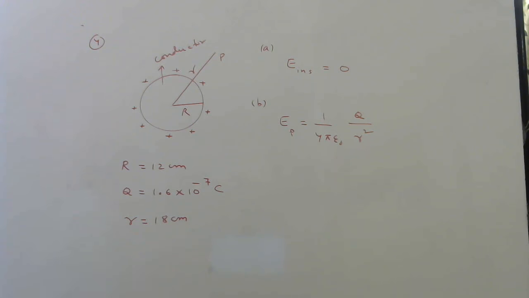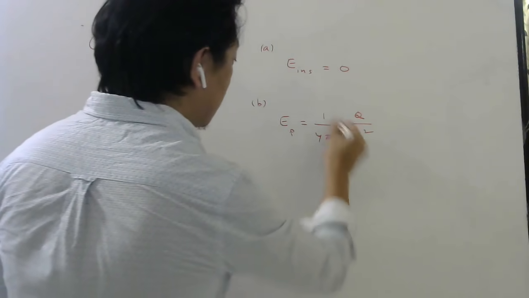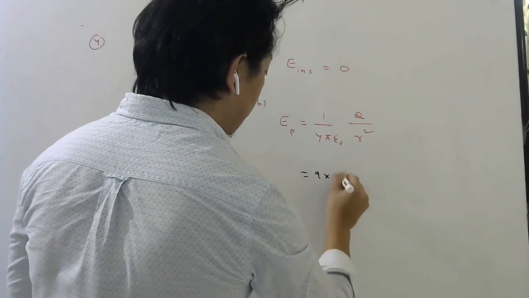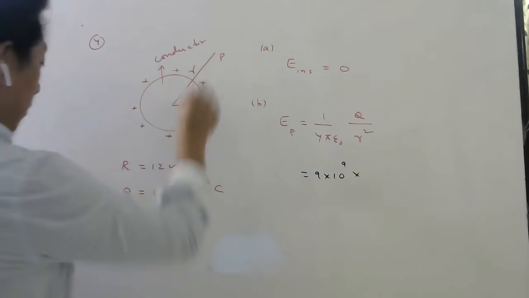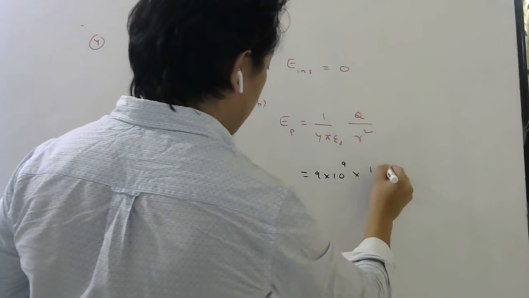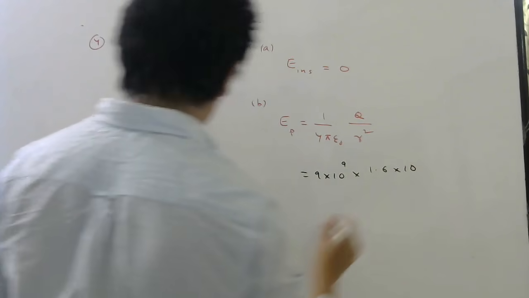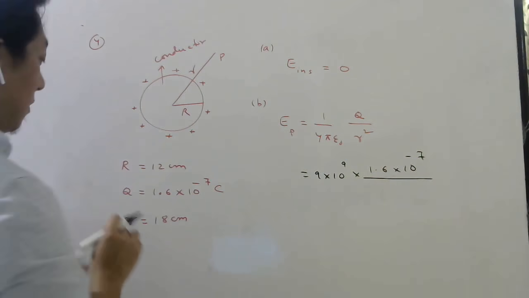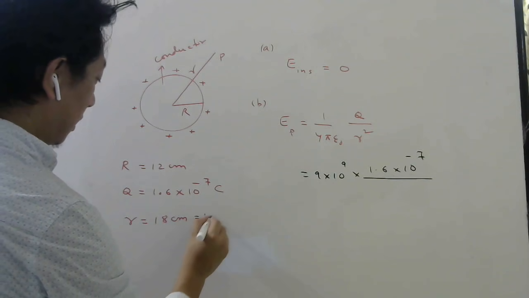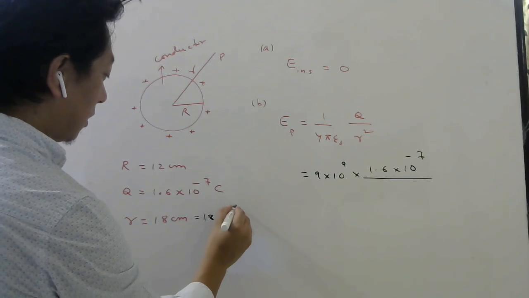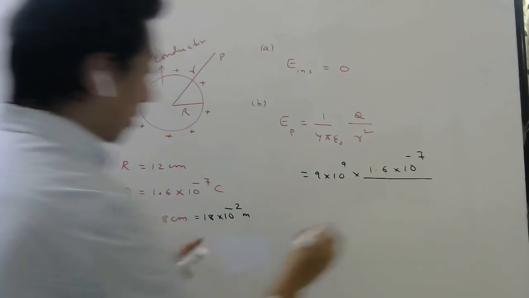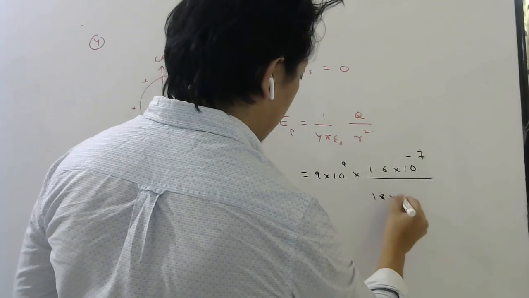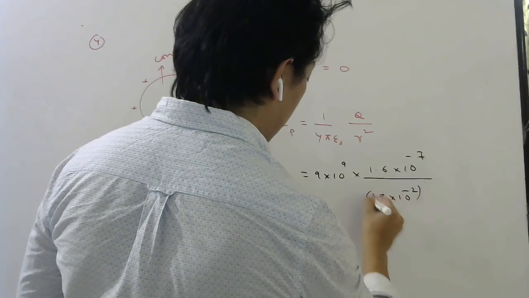Calculation you can do yourself. So what is the value of this? 9 into 10 power 9. The charge on the sphere, total charge is 1.6 into 10 to the power minus 7. And small r is given 18 centimeter, which is 18 into 10 power minus 2 meter. So square it, 18 into 10 power minus 2 square.